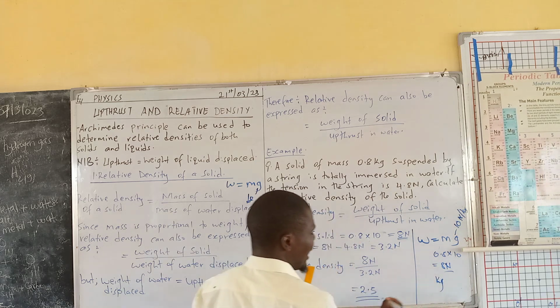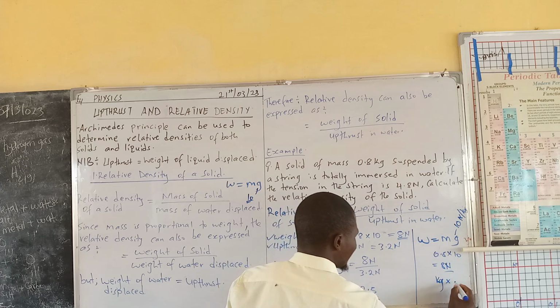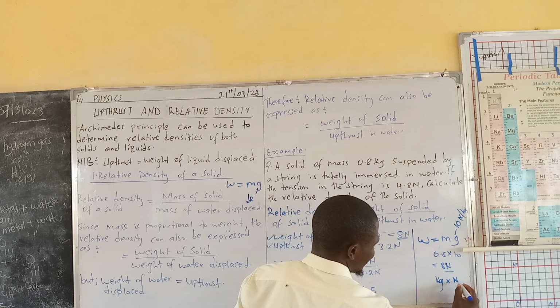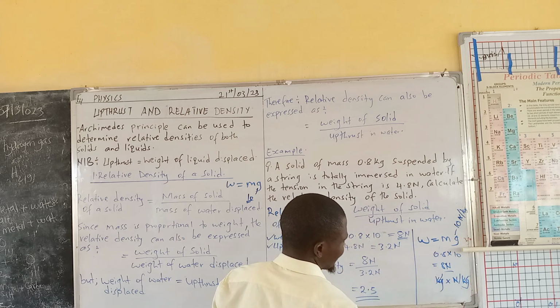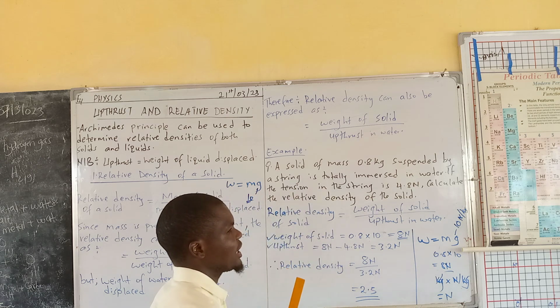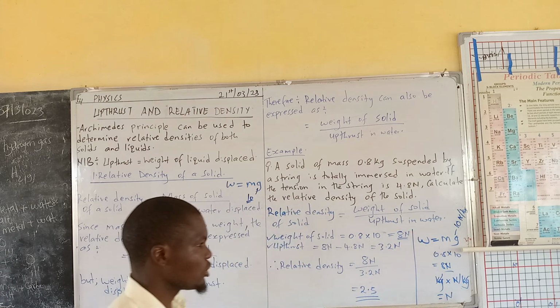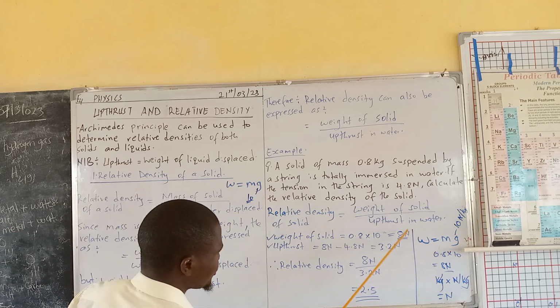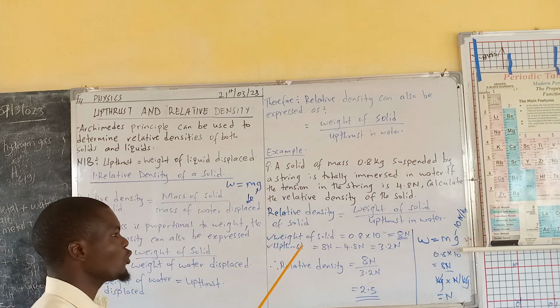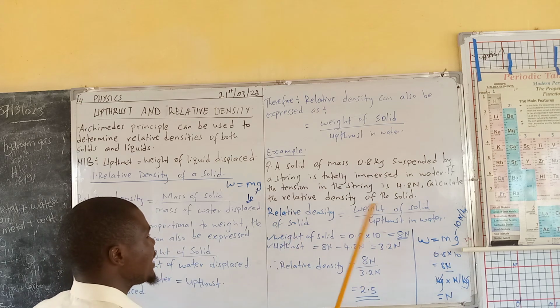When you multiply mass, which is given in kilograms, by g given in Newton per kg, kilograms cancels the kilograms, and we remain with Newton. The SI unit of weight is Newton. So we remain with 8 Newton. We've calculated the weight of the solid, which is 8 Newton.